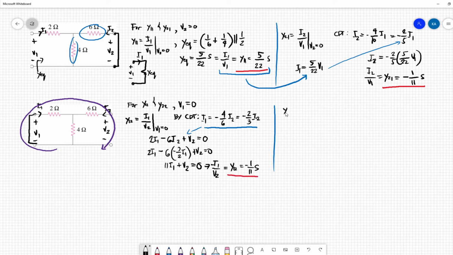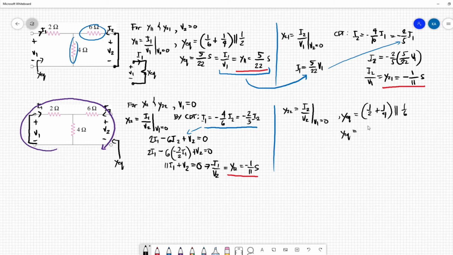Now lastly, for Y22, we have I2 over V2, with V1 equals to 0. So to solve for Y22, you need to get the Y equivalent as seen at port 2. YEQ, we have 1 half plus 1 over 4 in series with 1 over 6.